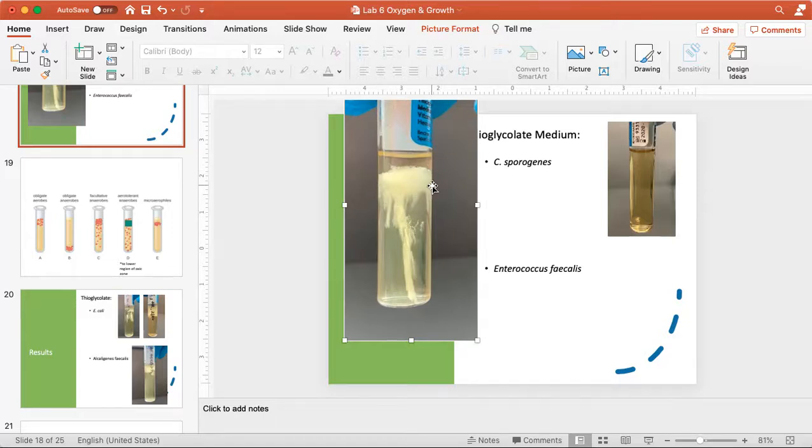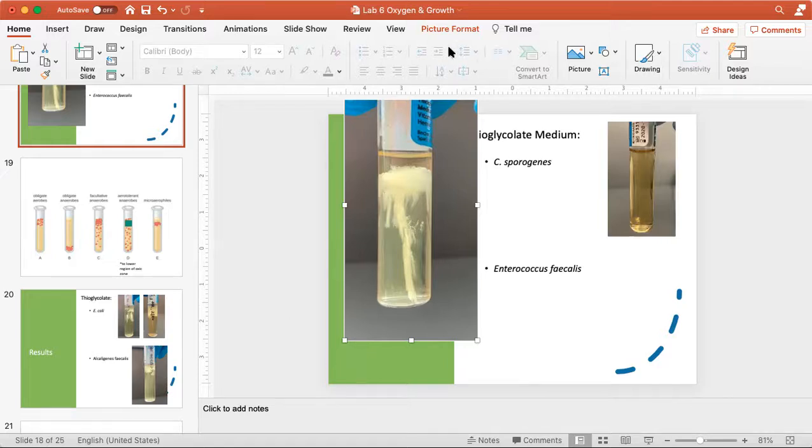So obviously, there's nothing at the very top. So the top half of the oxic zone, no growth. The bottom half of the oxic zone, lots of growth. In fact, the best growth. And then less growth, but still growth throughout the rest of the tube.